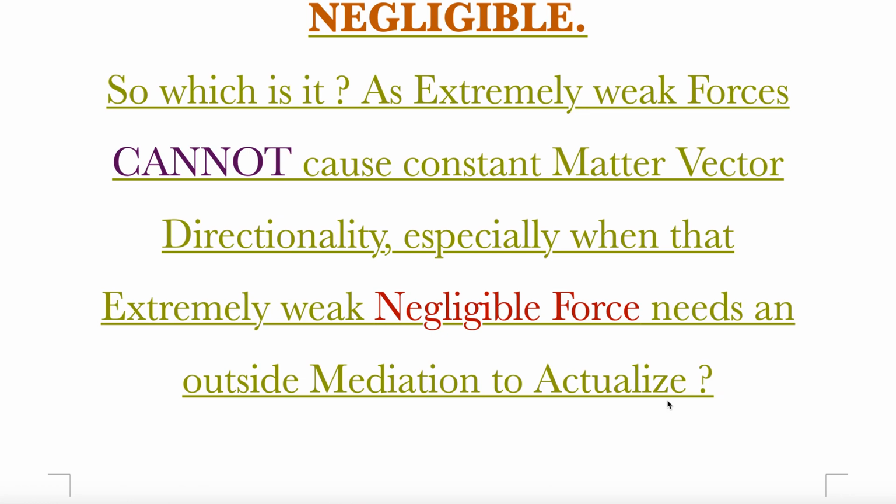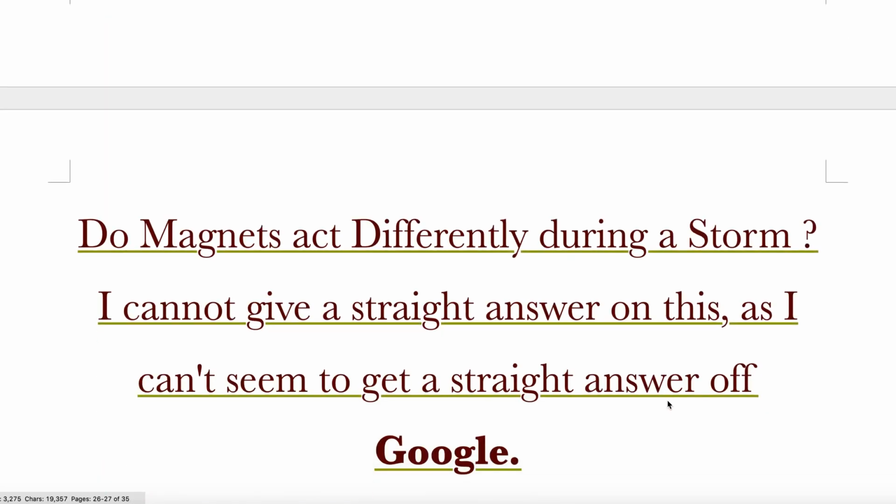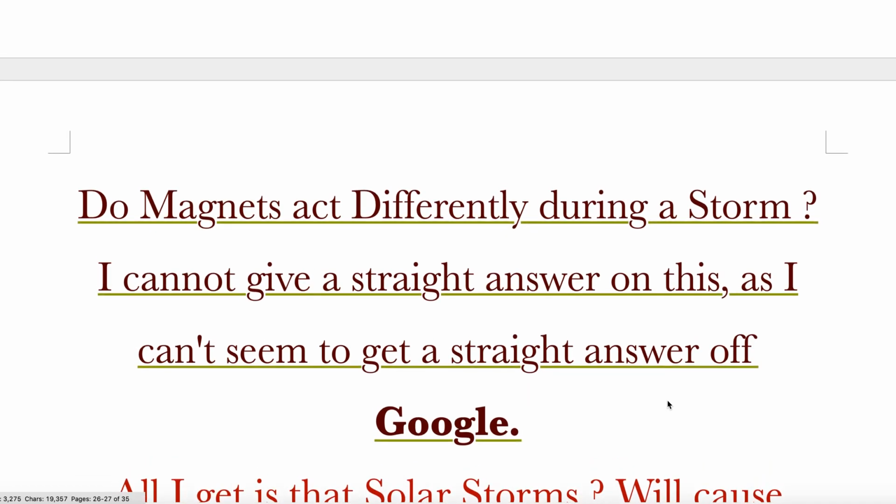Extremely weak forces cannot cause constant matter vector directionality, especially when that extremely weak, negligible force needs an outside mediation to actualize, because they need a motor, they need something to make it, they need that friction, they need physical involvement in that way to make something happen. It doesn't just happen.